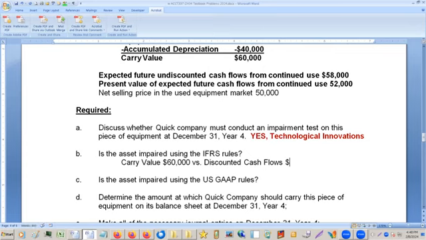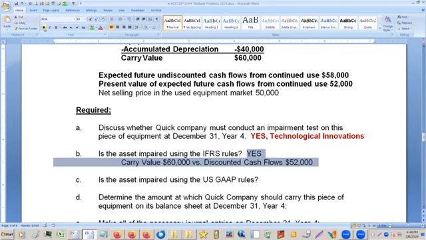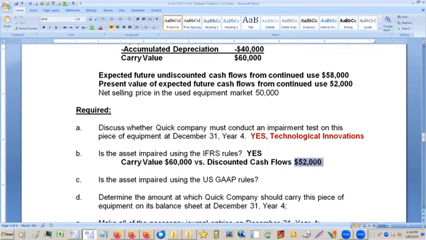Where are we at? 52,000. So this would be yes. The 52,000, the discounted cash flows, is less than the 60. It's impaired.